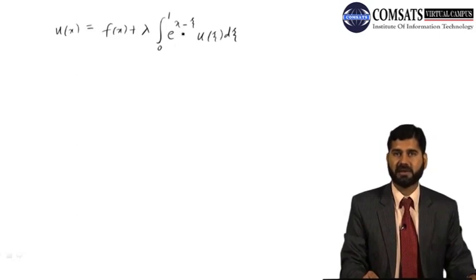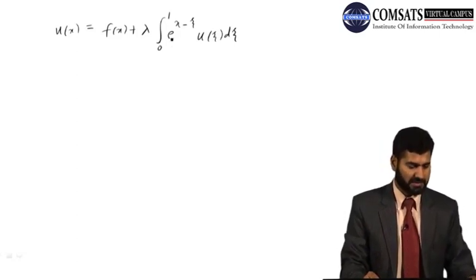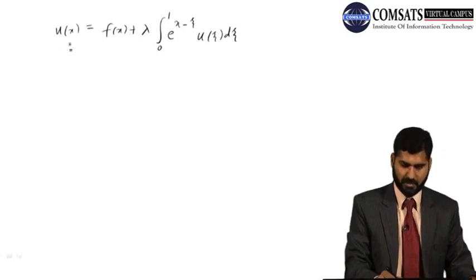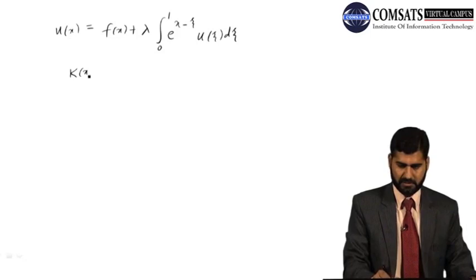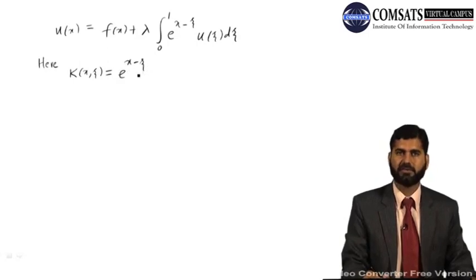The kernel is e to the x minus xi. This is your kernel. We have to implement the method of successive approximation. So here your kernel is e to the power x minus xi. This is your kernel.